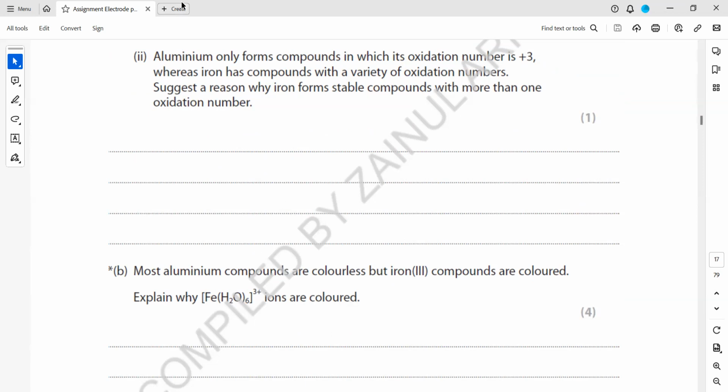Aluminium only forms a compound in which its oxidation number is 3 plus or +3. Where iron has a compound with a variety of oxidation numbers, suggest a reason why iron forms a stable compound with more than one oxidation number.